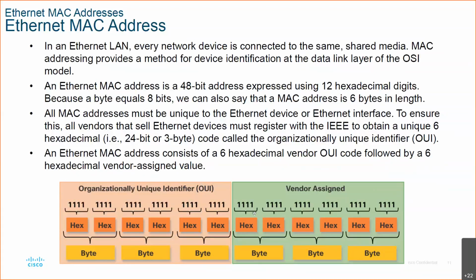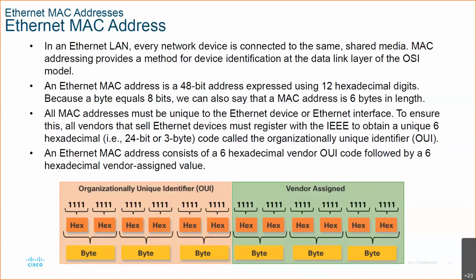Now, all MAC addresses must be unique to the Ethernet device or Ethernet interface. That means every MAC address in this world should be unique. There should not be a duplicate MAC address. My Samsung phone and my Vivo phone should not have the same MAC address. There should be no conflict.